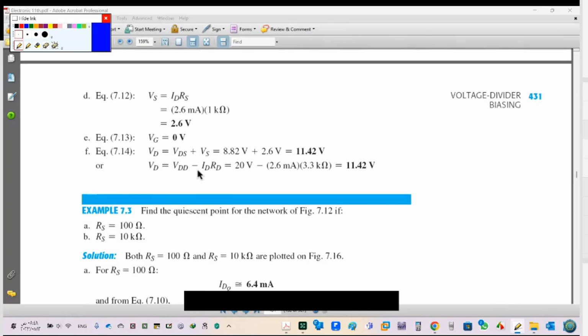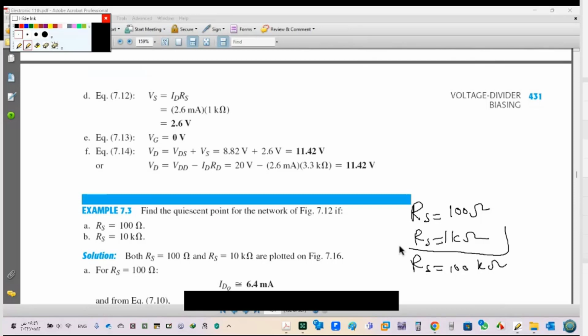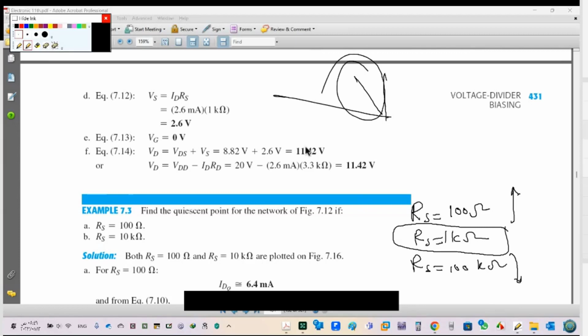Now we have three values for RS. What are those? I have RS 100 ohm. I have RS 1 kilo ohm. I have RS 10 kilo ohm. I calculated for this. So if I decrease or increase, what will happen to the line? Now we study this line, and what is the importance of this line? Keep this value with us.